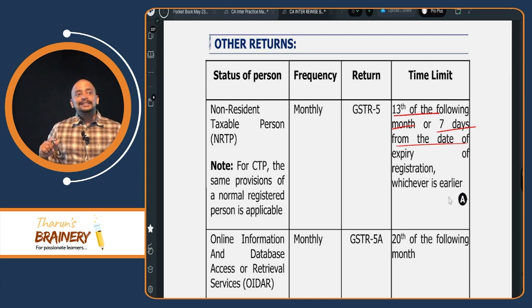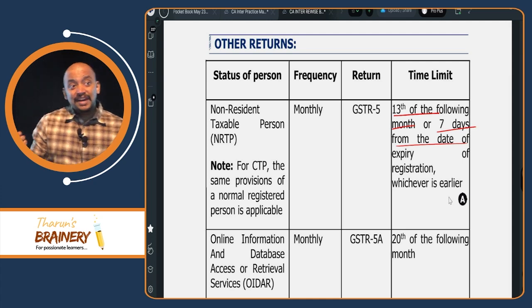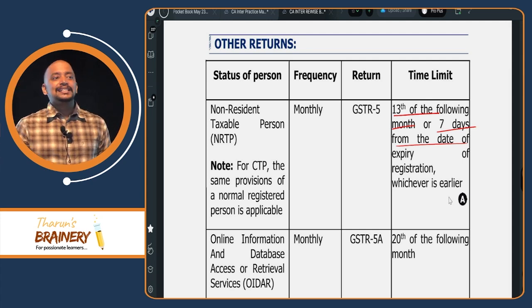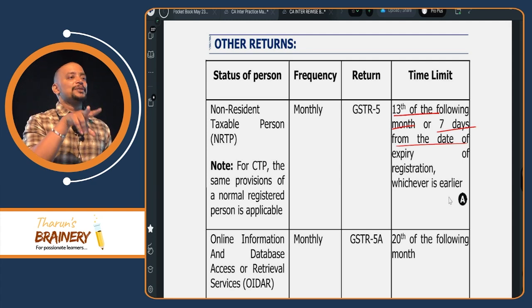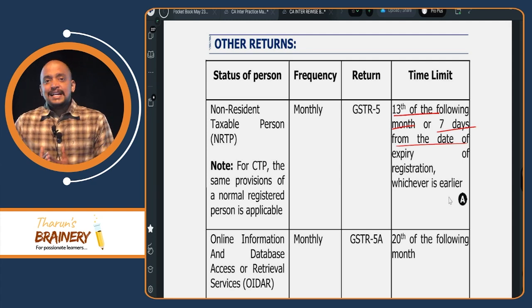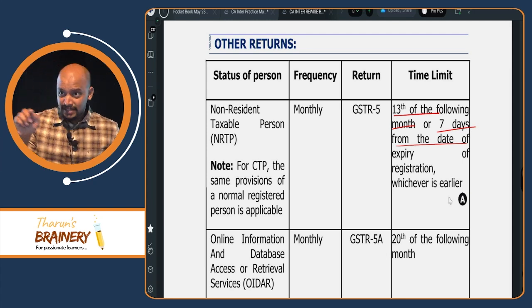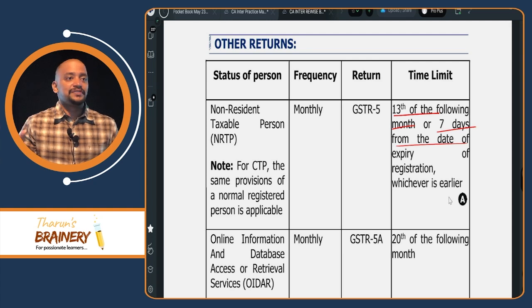For September, 13th of October or 7 days from expiry of registration. 2nd October, 7 days is what? 9th October, whichever is earlier. You understood? So 9th October will be earlier. So therefore, it is 13th of the month following every month or 7 days from expiry of registration, whichever is earlier.